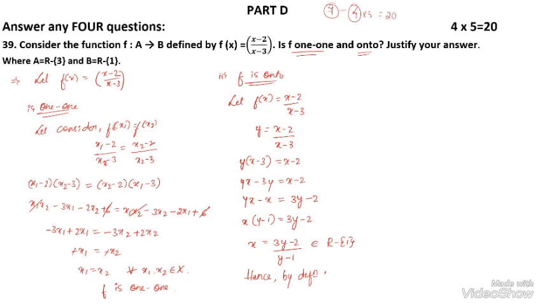Hence, by the definition of function, we say f is onto. Therefore, from the above results, we say f is one-one and onto.